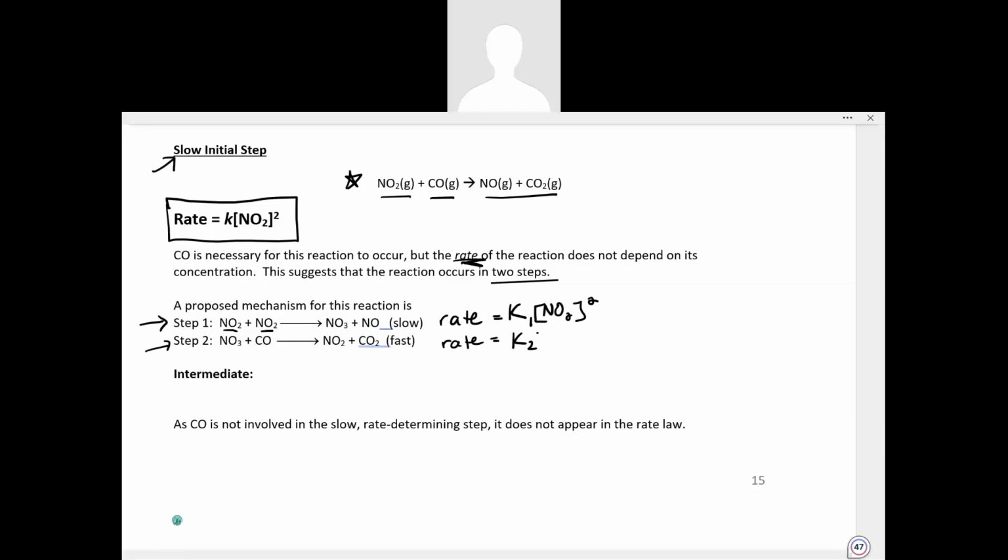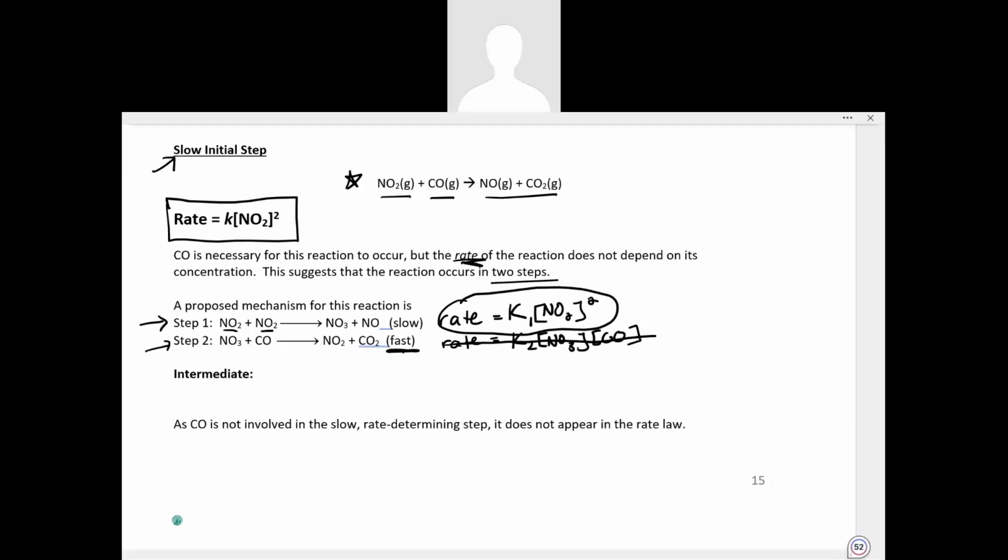Because this would look something like this. And this then we must infer is our fast step, because this is not the rate relationship that we observe. It is related here, or the same as what we would expect in step 1.